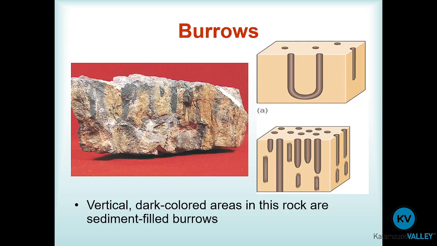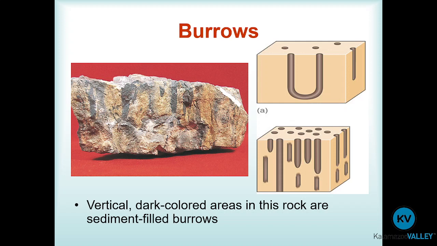So it can be hard to tell which way is up with these, as these are not a very good up indicator, because if you were to turn this rock and look at it, you may interpret this as mudded bedding instead of burrows.